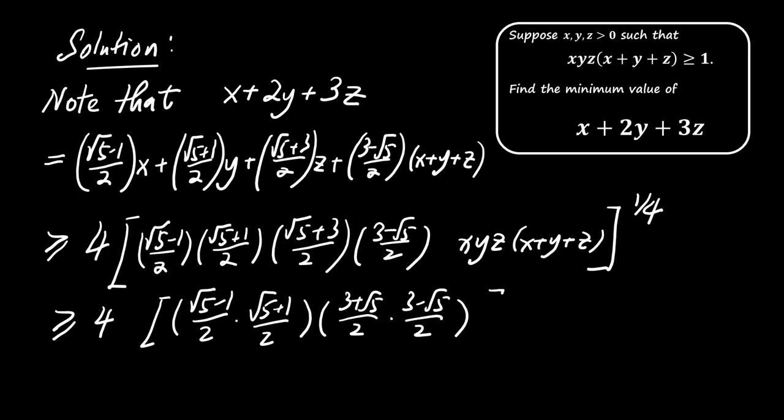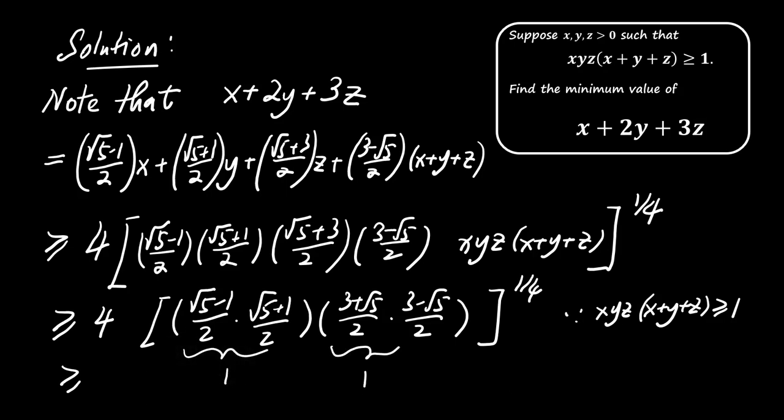Using the condition that the product of x, y, z times the sum of x plus y plus z is greater than or equal to 1, we estimate that x plus 2y plus 3z is greater than or equal to 4.